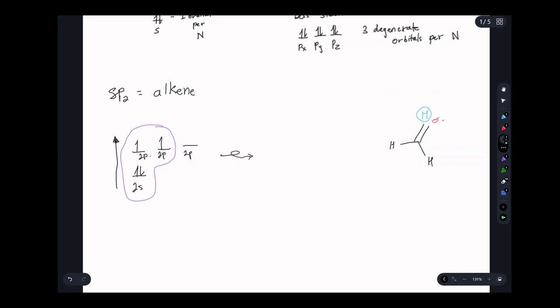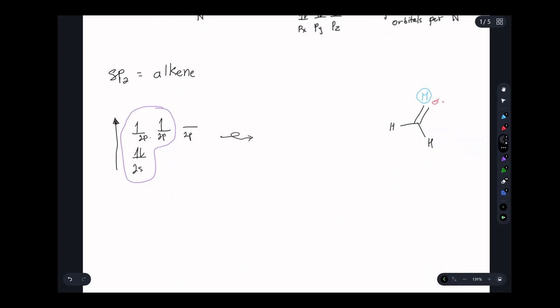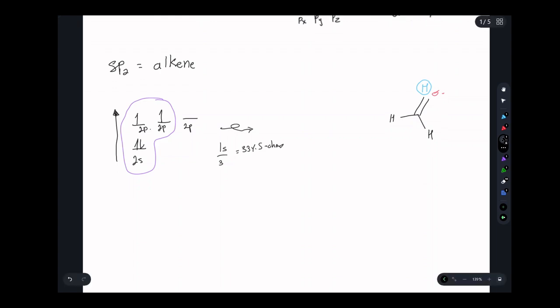Now, if we imagine this mixing pot, one of the three orbitals is S, which gives us a 33% S character. And the remaining two are P, which gives us a 66% P character.